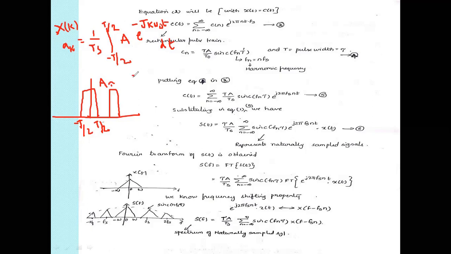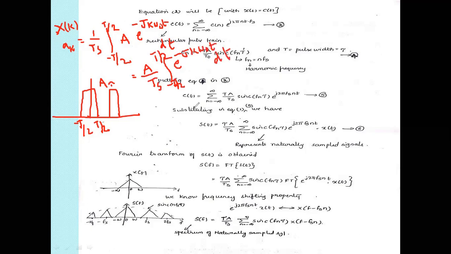So you can simplify this equation: A by T is the integral from minus tau by 2 to tau by 2 of e power minus j k omega naught t into dt.